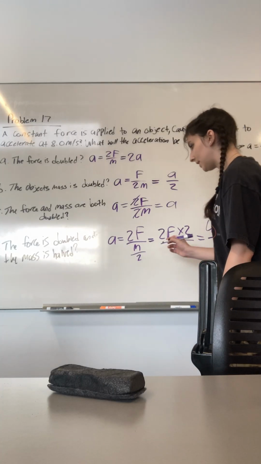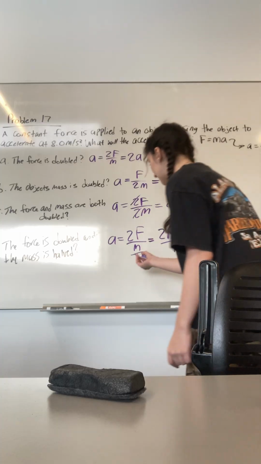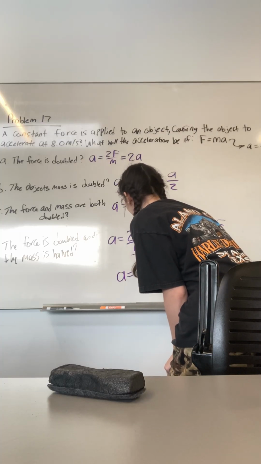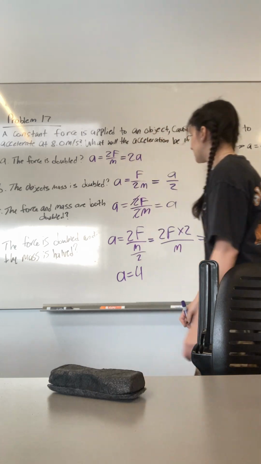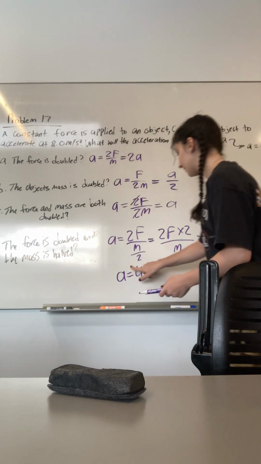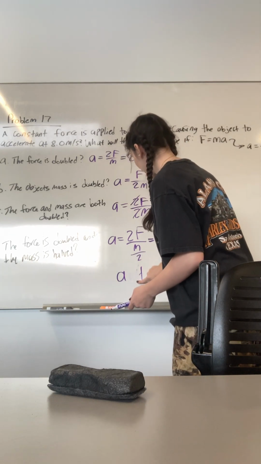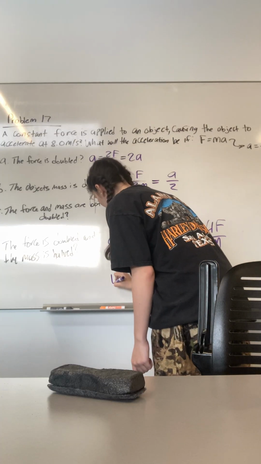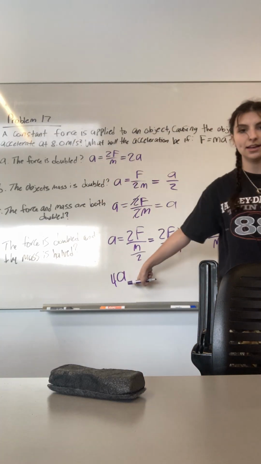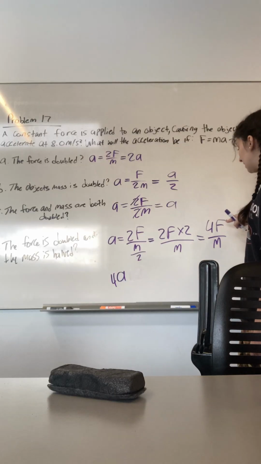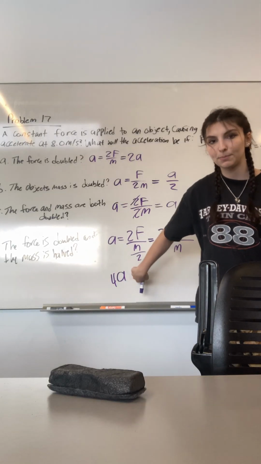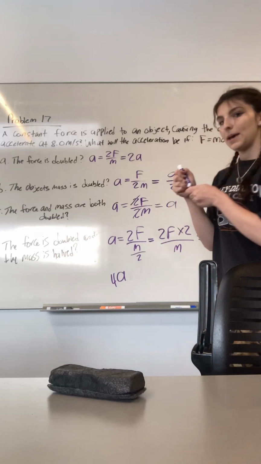So for this one, acceleration will be 4 times greater. It'll look like what we did up here. The acceleration is just going to be 4A, because the force was multiplied by 4, so the acceleration will also multiply by 4. I know that kind of doesn't make a lot of sense.